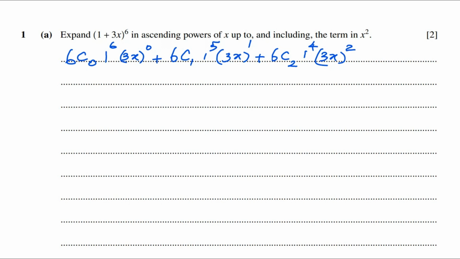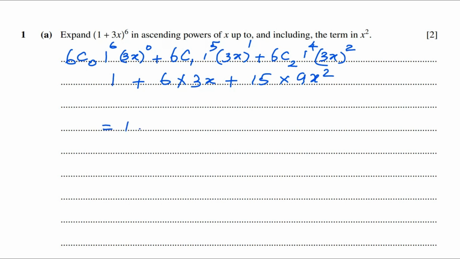So what is 6C0, which is equal to 1? So 1 times 1^6 multiplied by (3x)^0 will give 1, plus 6C1 is 6 multiplied by 1^5 multiplied by 3x, plus 6C2 is 15 multiplied by 9x squared.